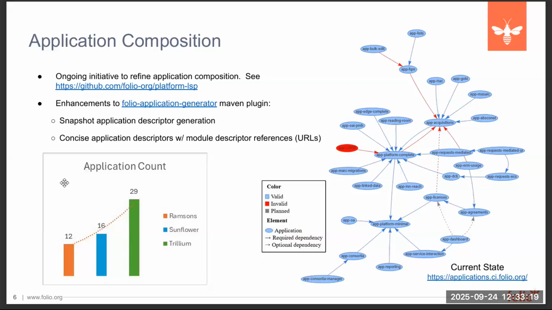It's about refining those applications to make more sense. The goal that we have is to remove one of the mega applications entirely by the time Trillium goes GA, and that's app platform complete, which was sort of a catch-all. Everything else that isn't minimal, that isn't in its own application, just got stuffed in there. It's sort of just a bag of modules. If we're able to achieve that by Trillium, I think that'd be a good milestone.